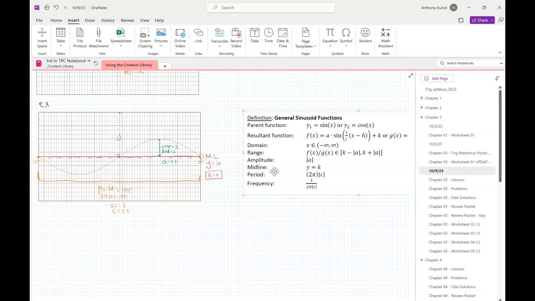So I'm using the definition for the midline, period, and amplitude to find the place in the picture to figure out the value. And then I'm plugging that into the formula to solve for the coefficients, the A, C, H, and K kind of stuff. So far, so good? Okay.